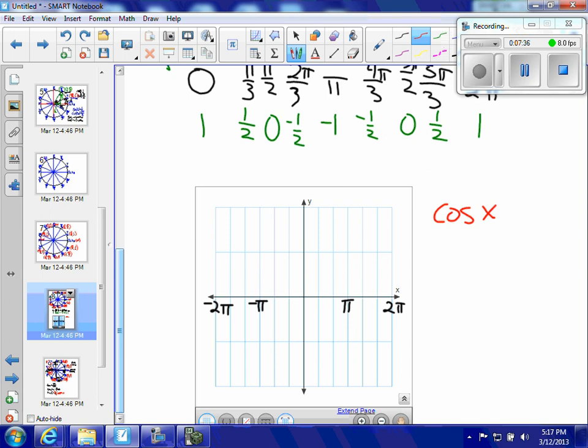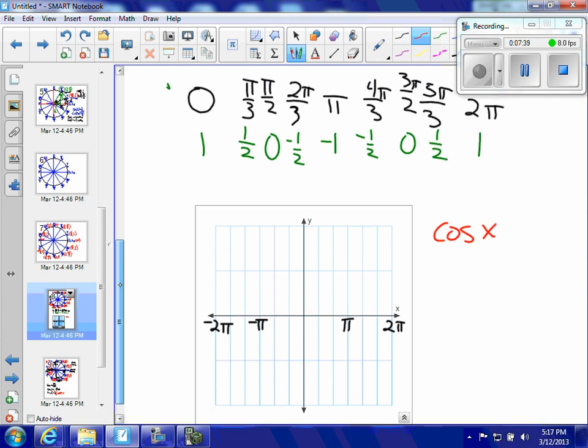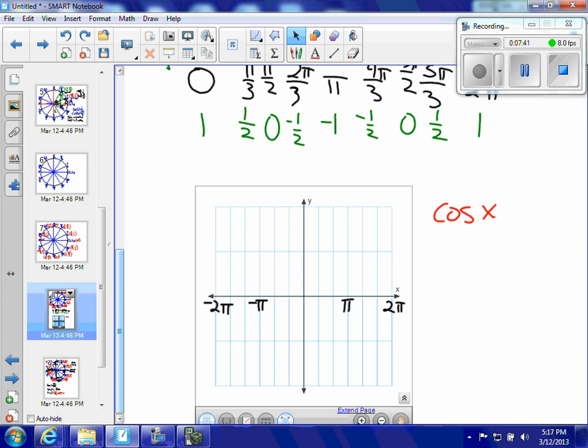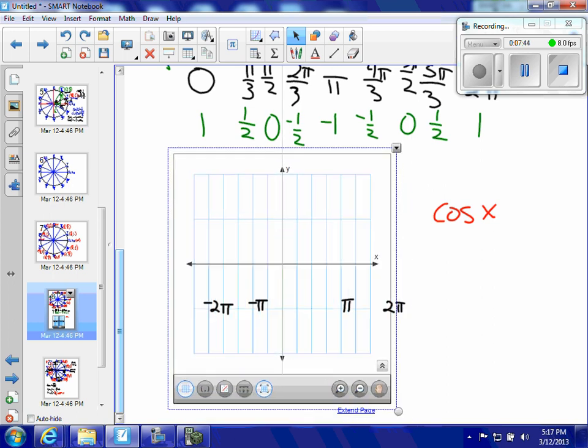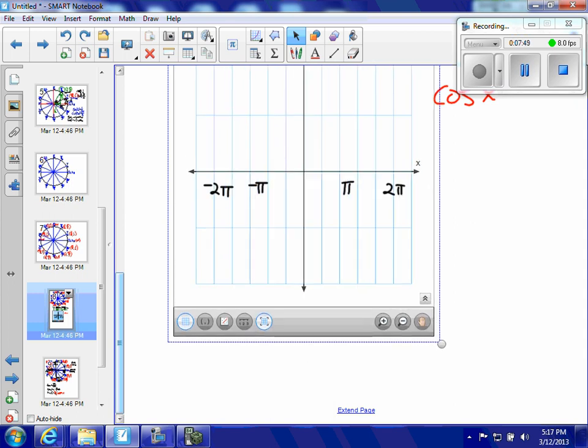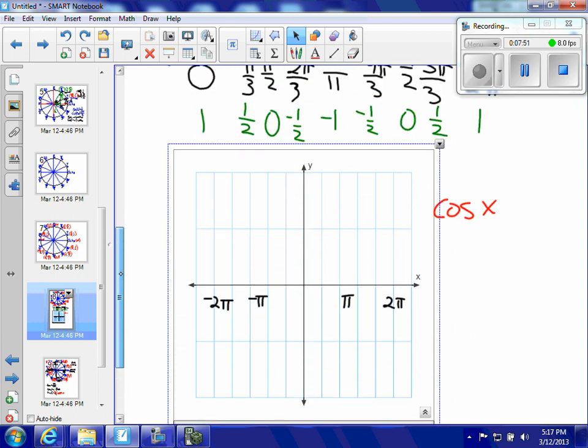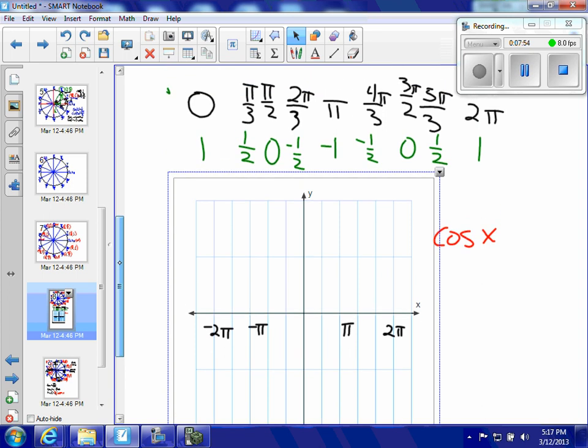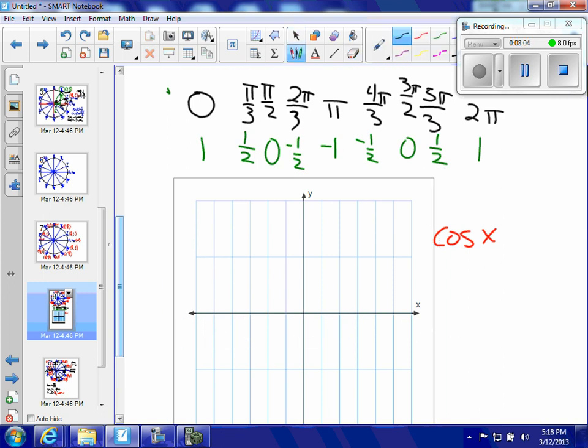Okay, so I've divided my graph here. Let me make it a little bit bigger. I put some spots on the graph and I've labeled them. Let me relabel them here. So I'm making this 0, and I'm making this pi. I've divided my pi into pi over 3s, and I can see that this is about pi over 2.